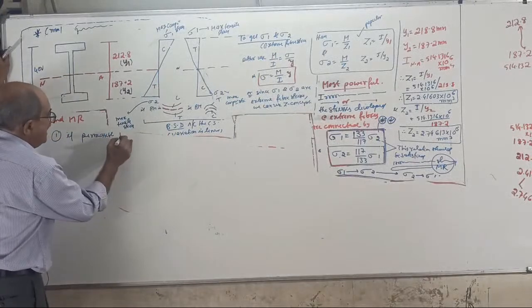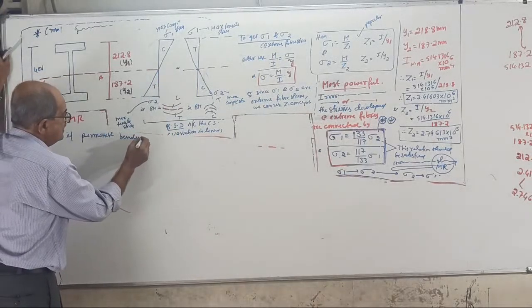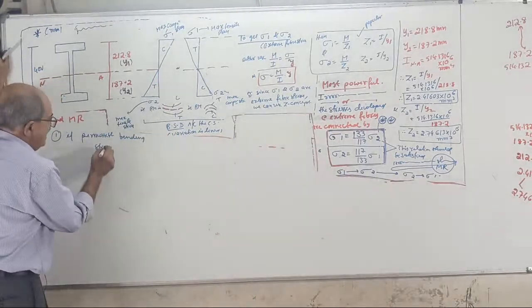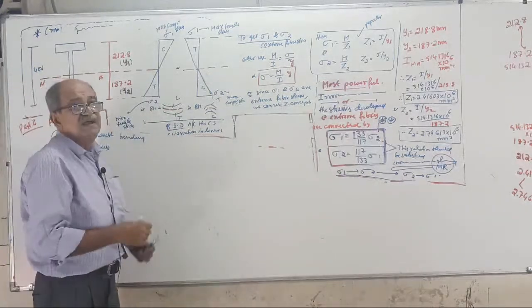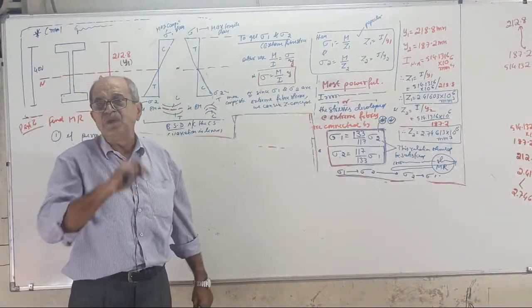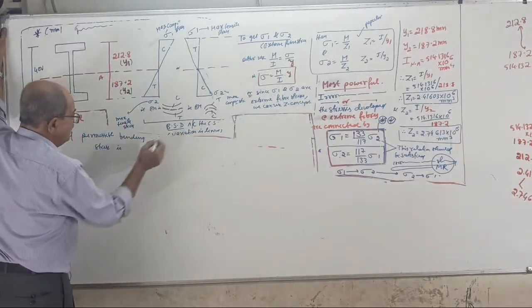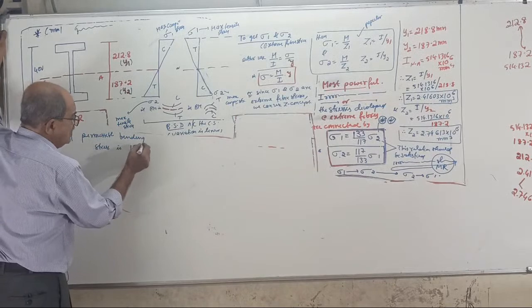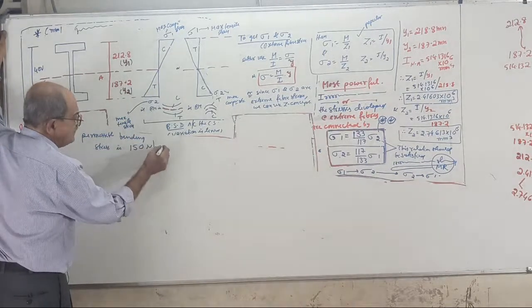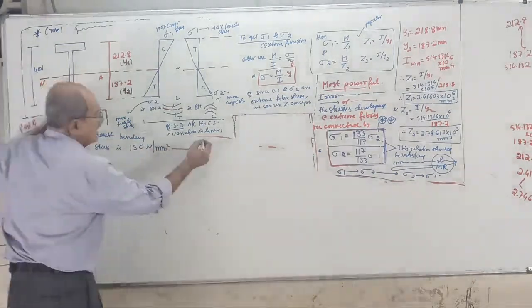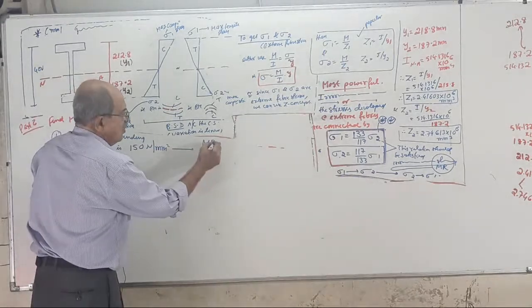Permissible bending stress. See, they told bending stress; they have not bothered about tension or compression. Bending stress is 150 Newton per mm square, is the question. First tell me MR. I want MR now.